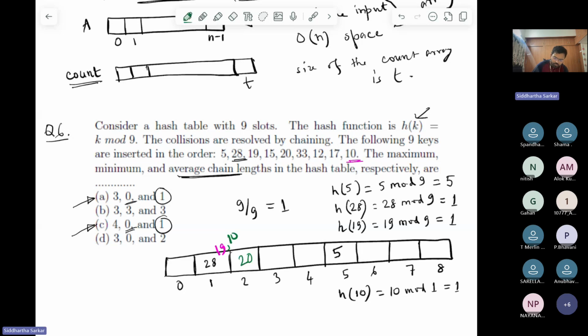Third slot? Third slot, there is nobody. It is empty. Fourth slot is also empty. Fifth, is there anybody other than 5?